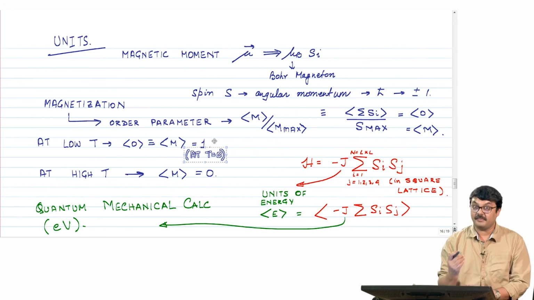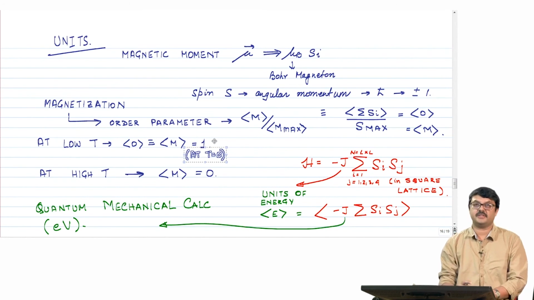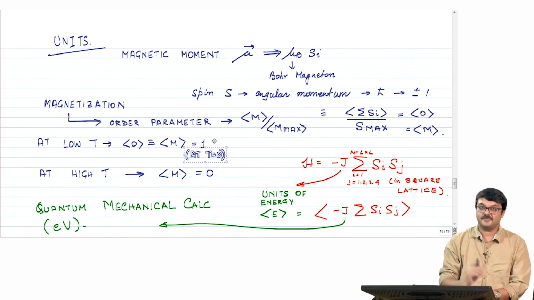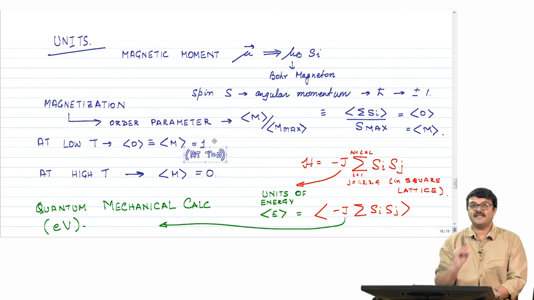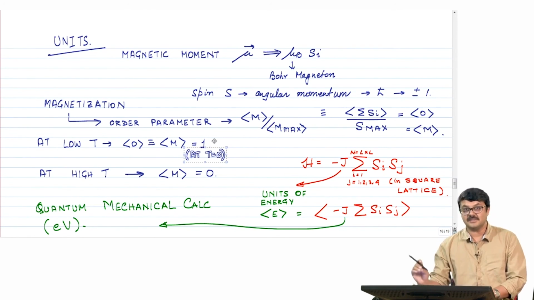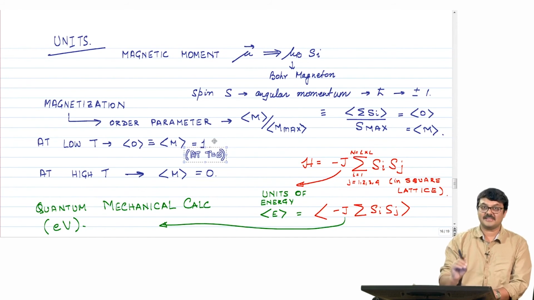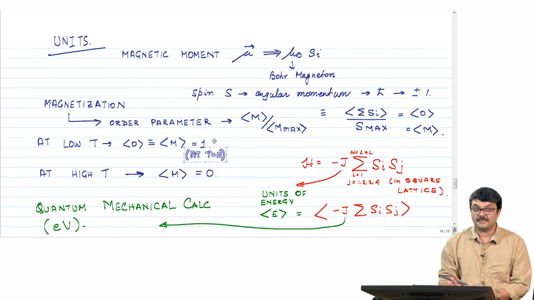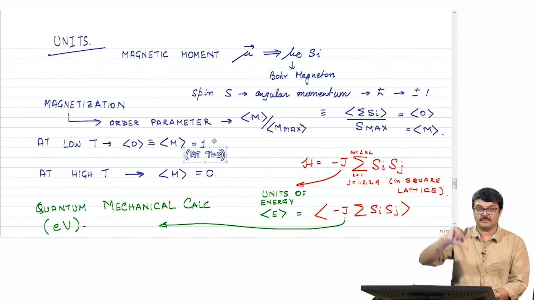Actually, I remind you, and this is extremely important, in a thermodynamic system, what is minimized is not the energy, but the free energy. But at T equal to 0, the free energy is U minus TS, where T is equal to 0. So, energy minimization happens when all the spins are pointing in the same direction, whether it be plus 1 or minus 1.